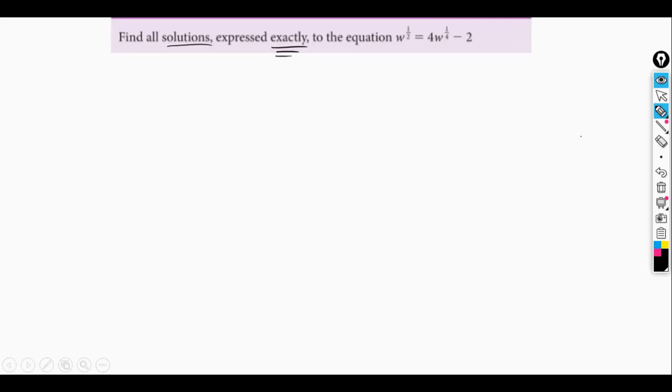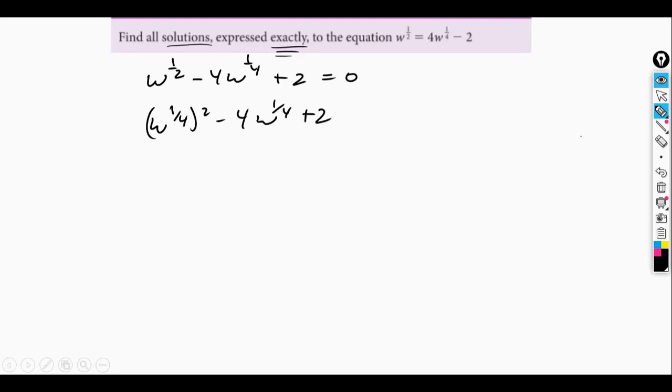And notice that we can rewrite this as w to the 1/2 minus 4w to the 1/4 plus 2 is equal to 0. And this is the same as saying w to the 1/4 squared minus 4w to the 1/4 plus 2 is equal to 0.